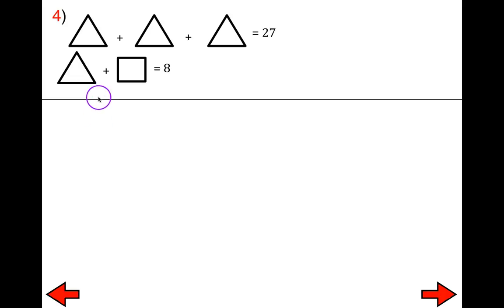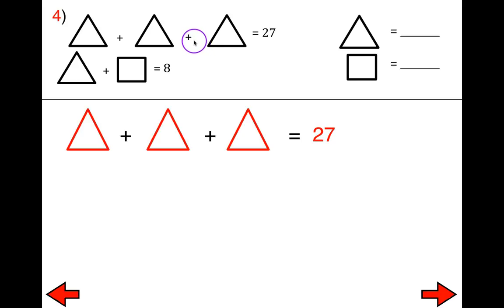Okay, so now let's take a look at this one here. This one's different. We're not exactly going to substitute, but we could figure some stuff out. Here, I know that we have 3 triangles and it equals 27. Obviously, each triangle is going to be worth the same. So since I have 3 triangles and they equal 27, I can conclude that each triangle, you guessed it, is 9.